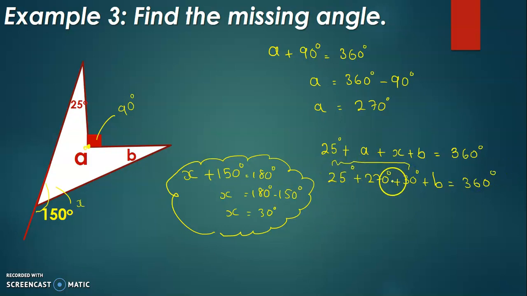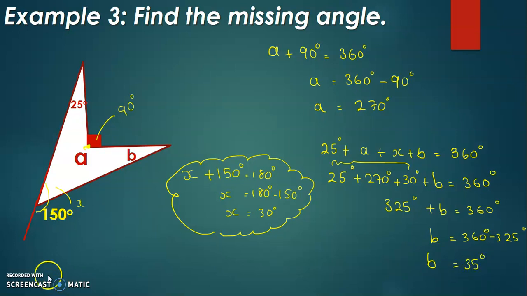Now, those three add up to 325 degrees. So my B would be 35 degrees. All right. Thanks for listening again. Make sure that you pause the video to write down every single step for all the examples so that you will be ready for your exercises.